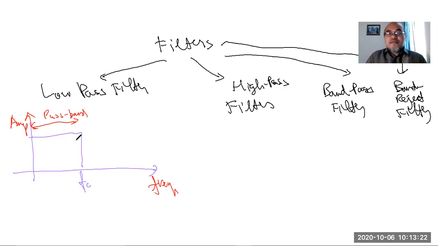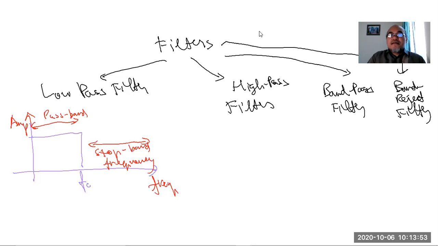The signal lower than the cutoff frequency is passed, and it is called the passband frequency. After the cutoff frequency, where the signal is being stopped, we call it the stop band frequency. So in a low pass filter, the stop band is at the higher region, and the passband is at the low region.